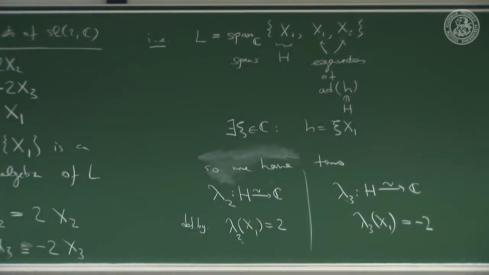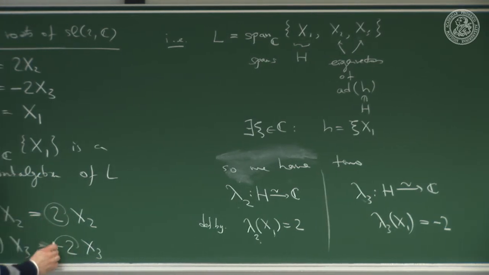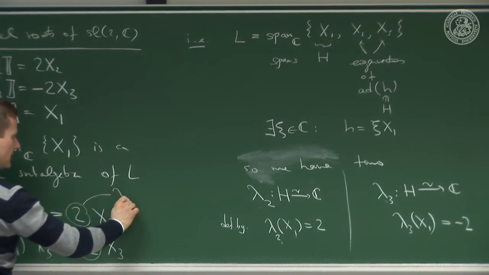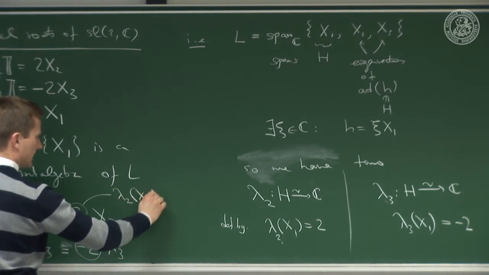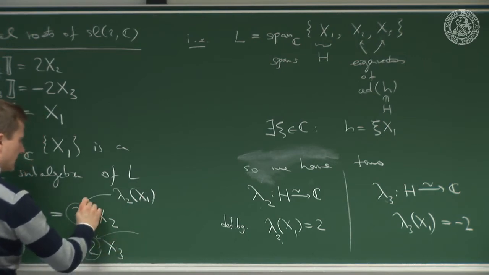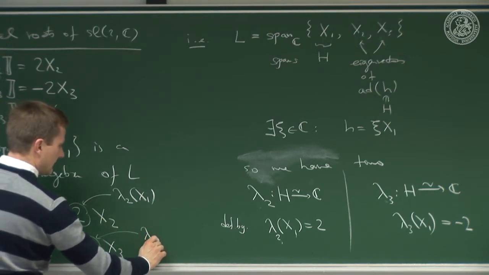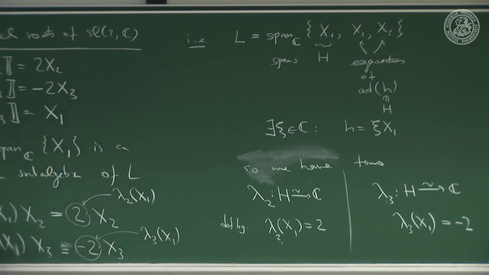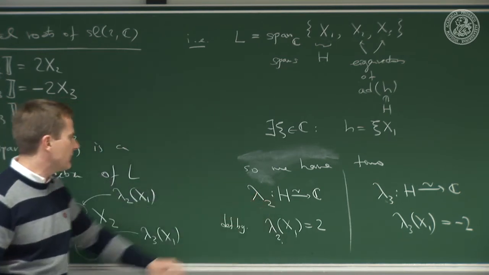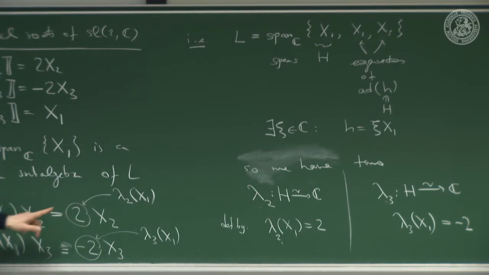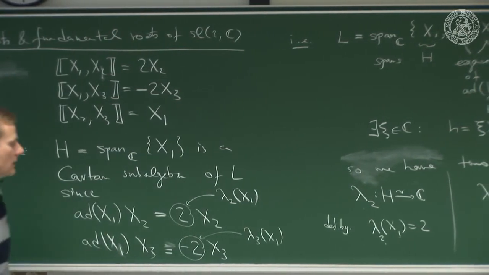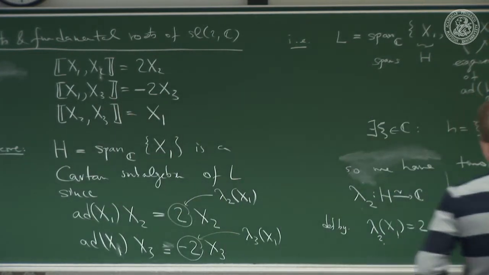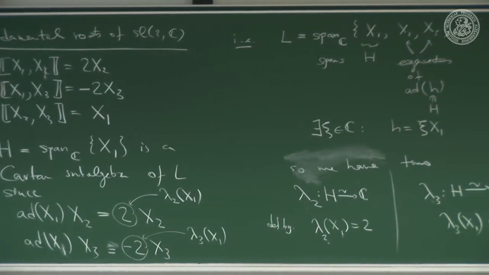So the minus 2 and the 2 here, we secretly, or not so secretly, think of as lambda 2 of x1 and lambda 3 of x1. It's the evaluation of these linear functionals at x1. Good. If you compare this to the general theory, you know why we do this.